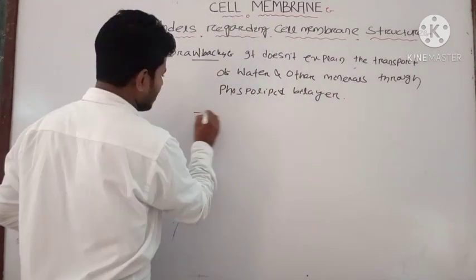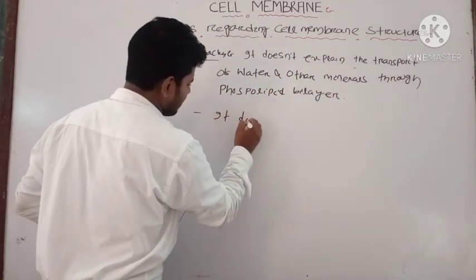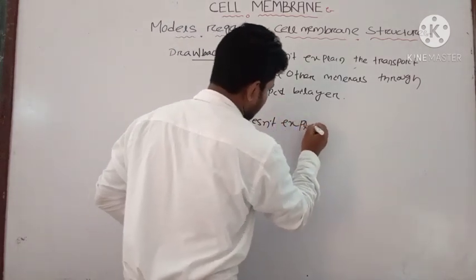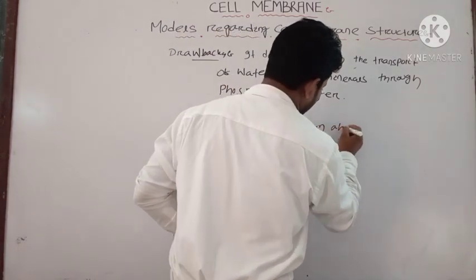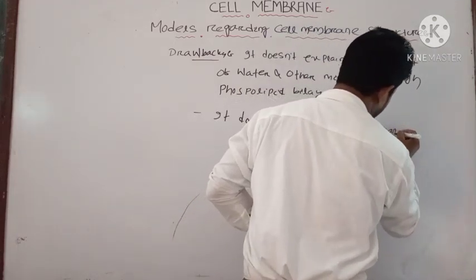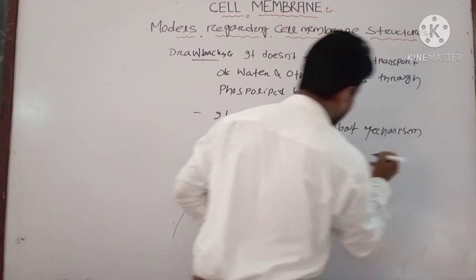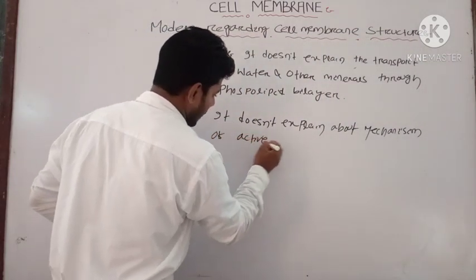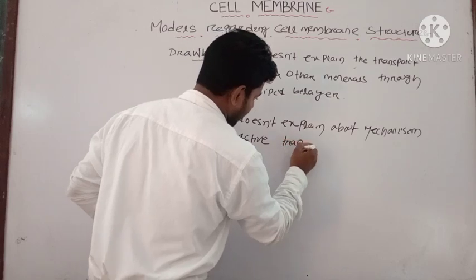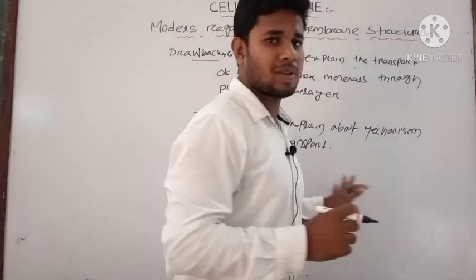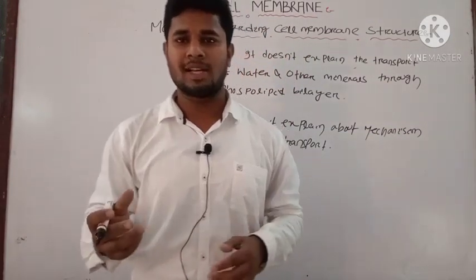The next one is, it does not explain the mechanism of active transport. These are the main two points. That's why the unit membrane model is not accepted.